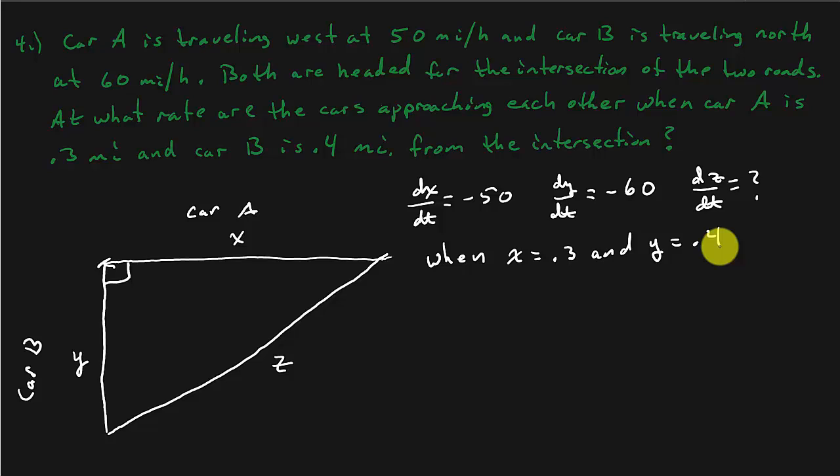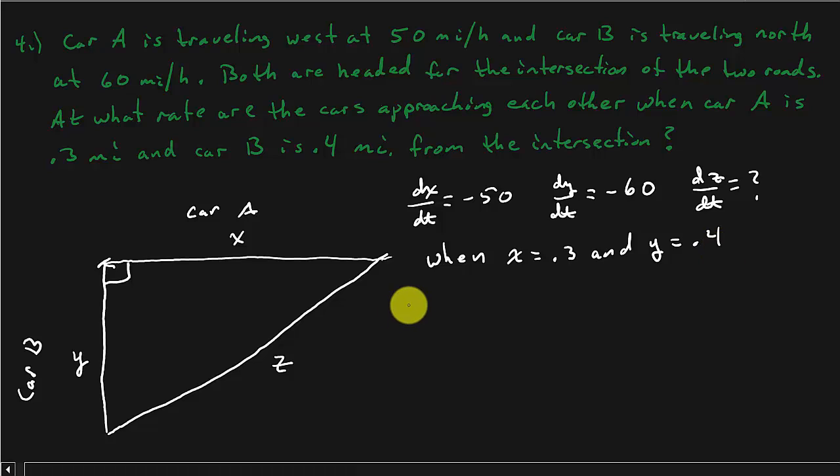Now we need an equation. So what's our equation? Well, it's a right triangle. So I've got x squared plus y squared equals z squared. See, this distance, and this distance, they're all changing as the two cars are getting closer.